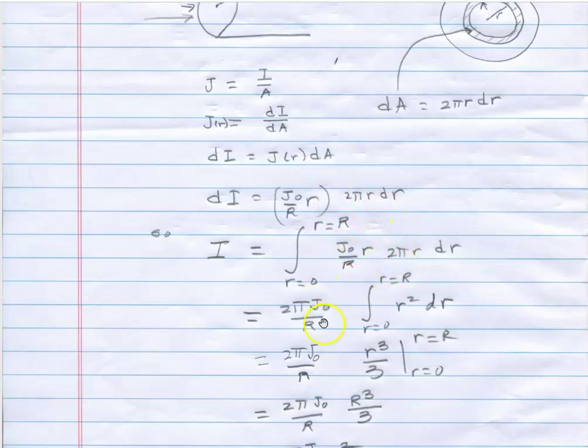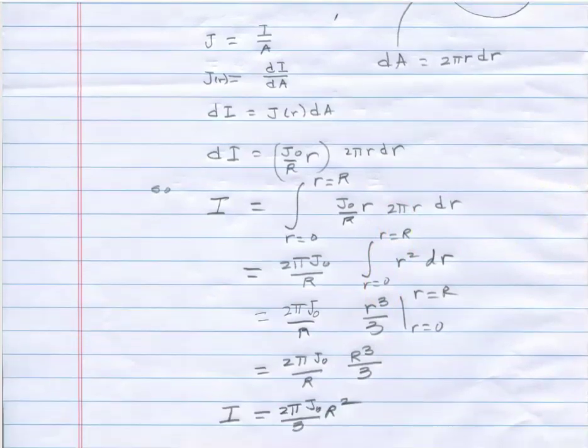I've got lots of constants. I can pull out the 2 pi, I can pull out the capital R on the bottom, and I can pull out the J naught. Little r times r here gives me little r squared. I can't pull those out because they're the integration variable. And the limits are from 0 to capital R. So now it just becomes an integral problem.